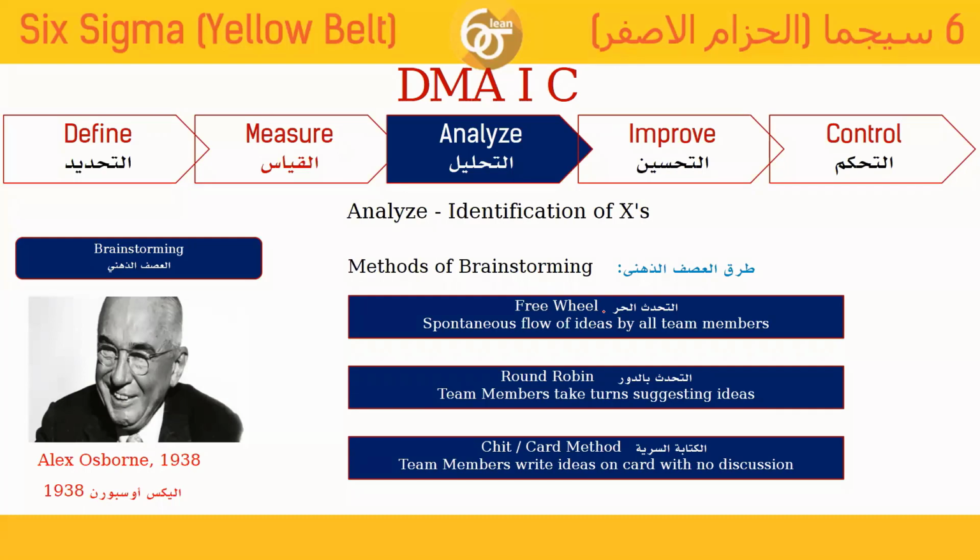So this is one way to get another idea in brainstorming, in order to avoid embarrassment, or people fighting each other during the brainstorming. So these are the 3 ways of using brainstorming in order to identify the X's.